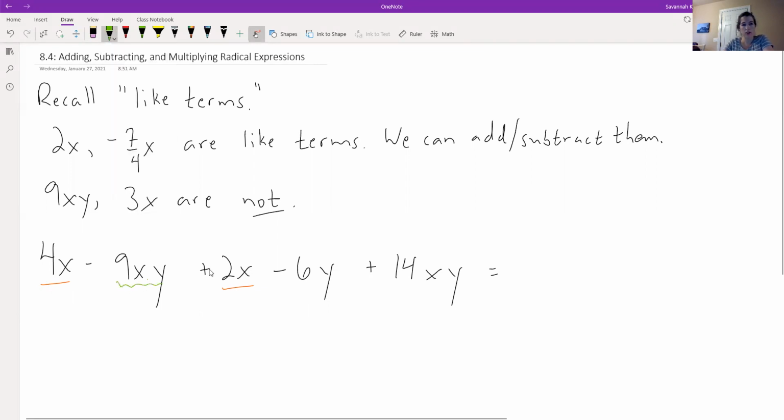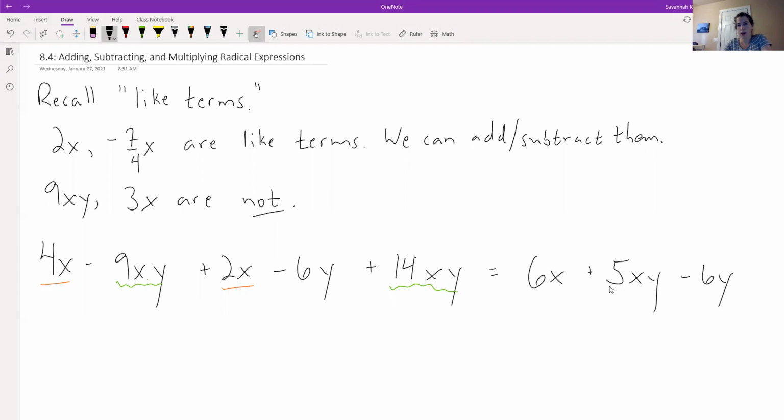We've got a couple of xy's, also like terms. And then we've got this lone y term, which doesn't have anybody to combine with, so we're just going to leave that as is. So in the final version of this problem, 4x plus 2x would give us 6x. Negative 9xy plus 14xy would give us that 5xy. And then we would just have to bring the minus 6y over. Nothing could happen to it.